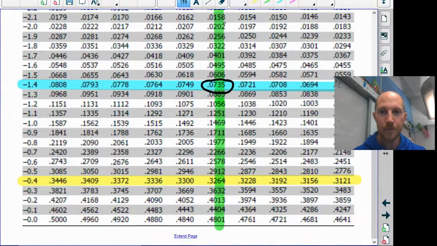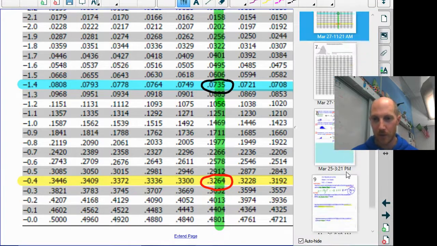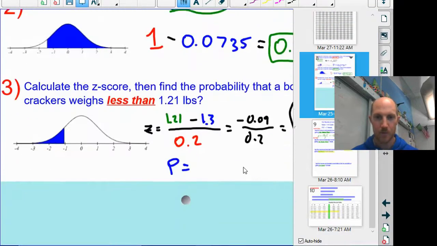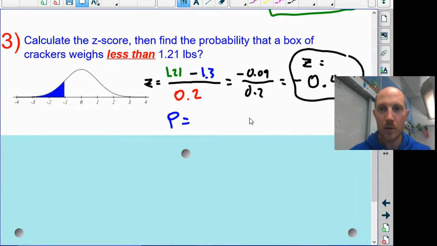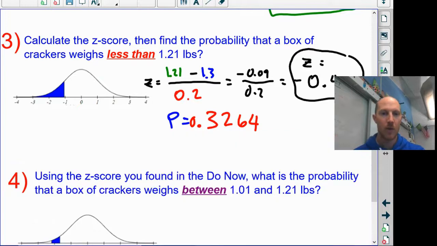Right there. And so my probability is going to be 0.3264. Let's take that back to our previous page, 0.3264.